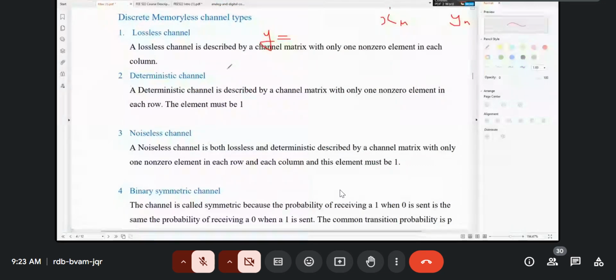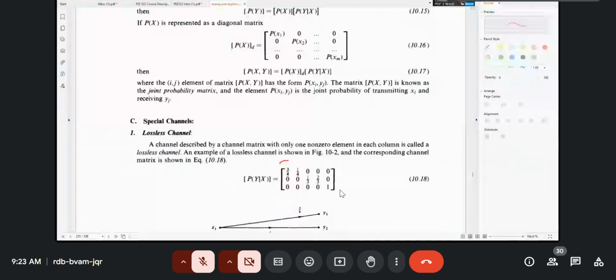One non-zero element in each column. Because in this case, we have 3 input symbols but 5 output symbols.